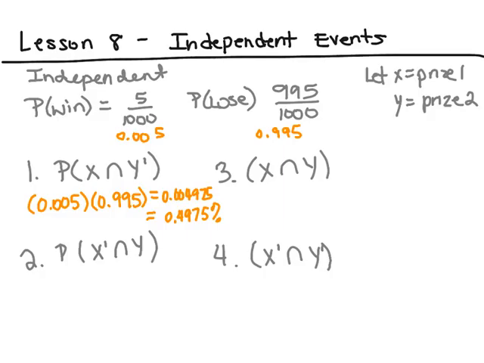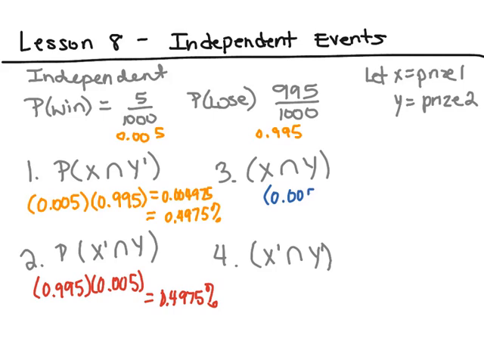It's going to be the exact same for the other one, so you take 0.995 times 0.005, and you get 0.4975% chance. To win both of them, you would write 0.005 times 0.005, which is 0.000025, which is 0.0025%.